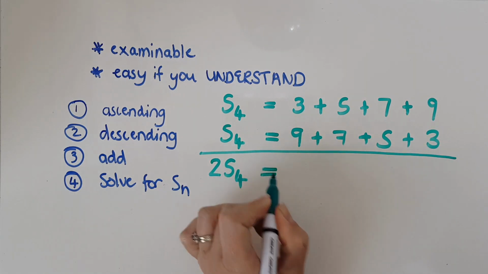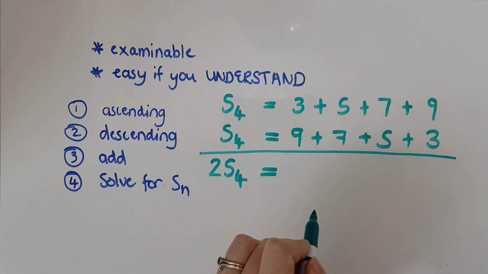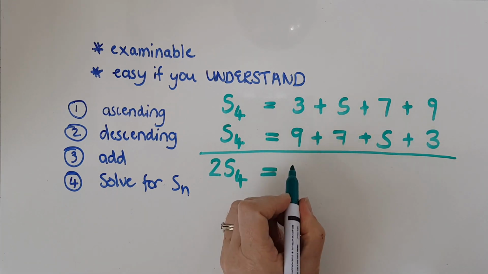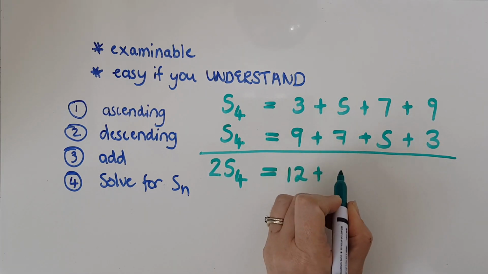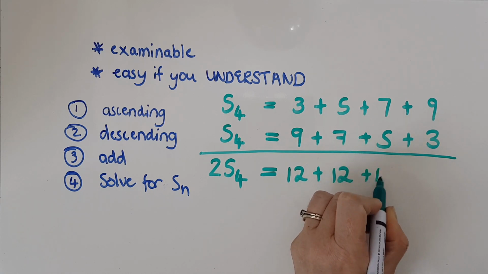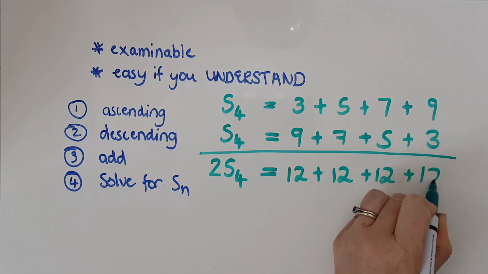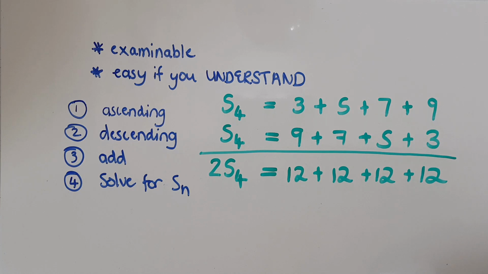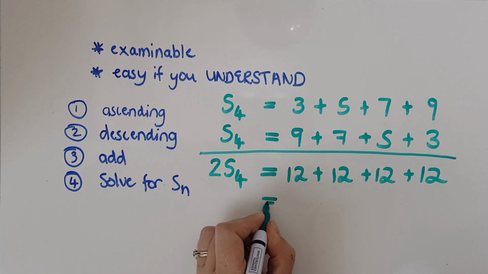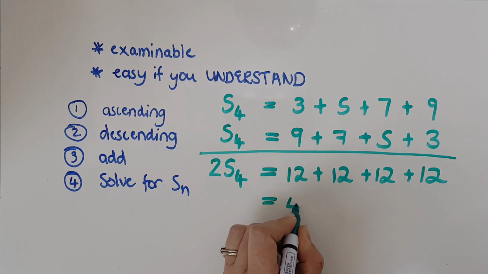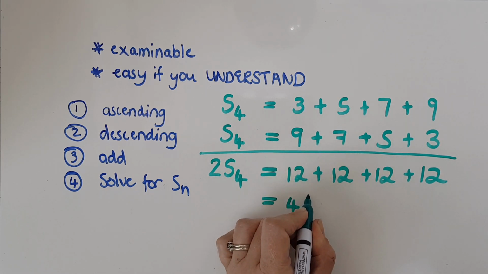Okay, and then you're going to notice a pattern here. If I add them, I'm going to get 12 every single time. That's what makes this interesting, and you'll see when we use variables how this becomes a really cool pattern to observe. All right, so obviously 2 sums to 4 give me 4 of the 12s, right?